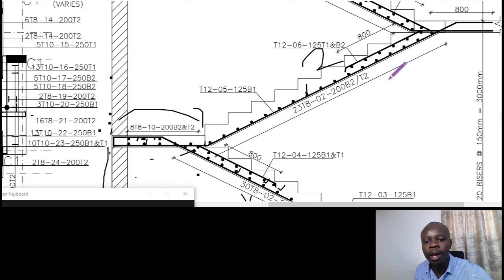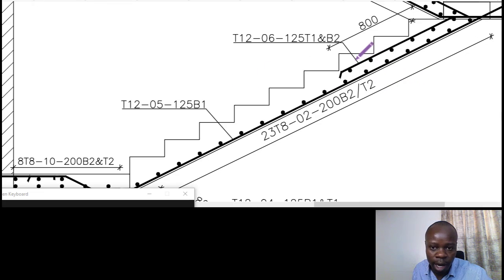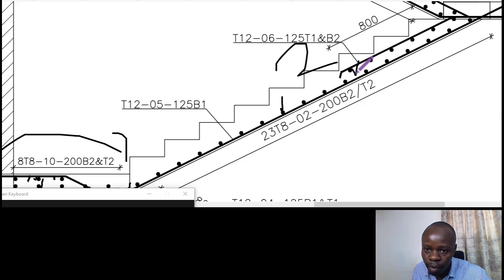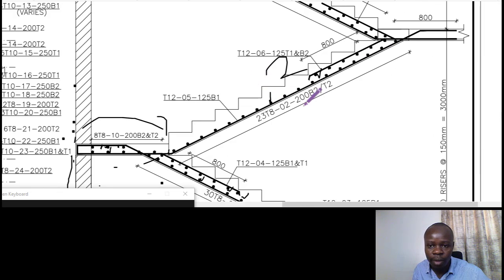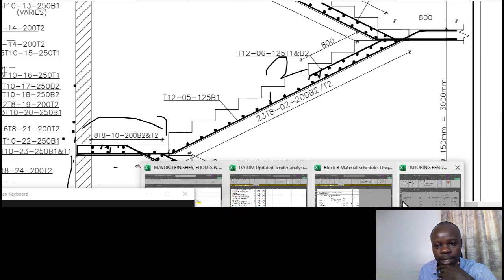Then top 2 means these ones here, the one that I'm showing. If you can see my pencil, you're able to see that there are 23 of them. The length is going to remain the same across the 1.4 meters distance.